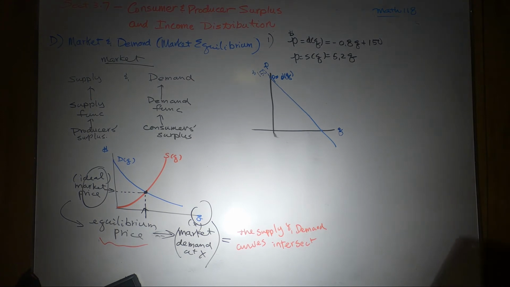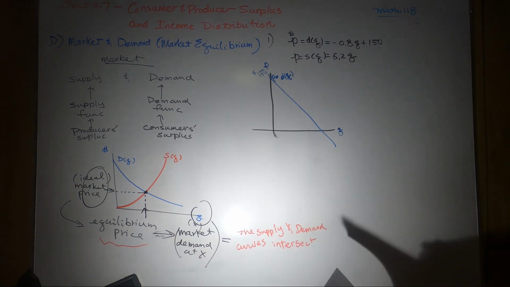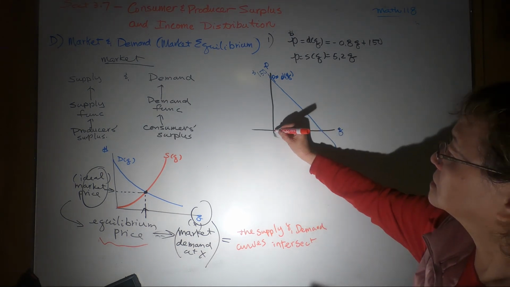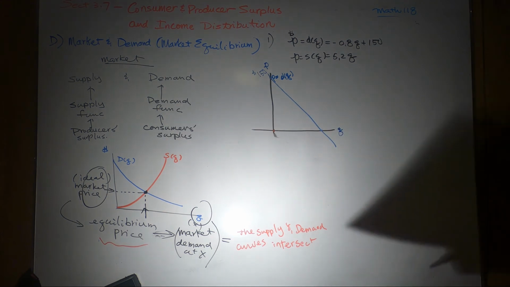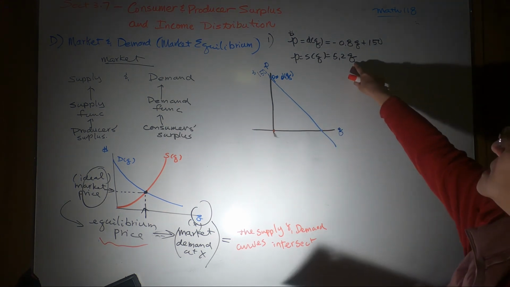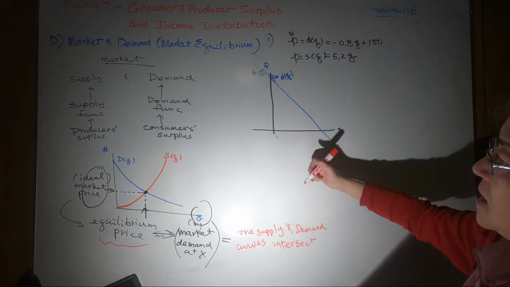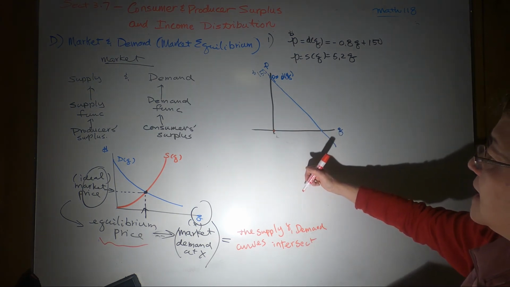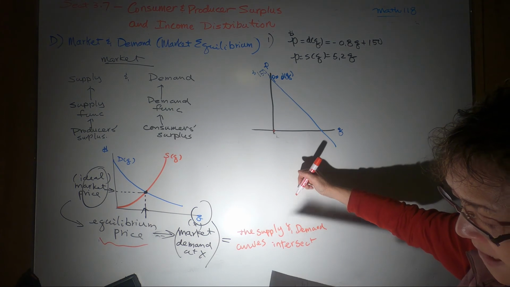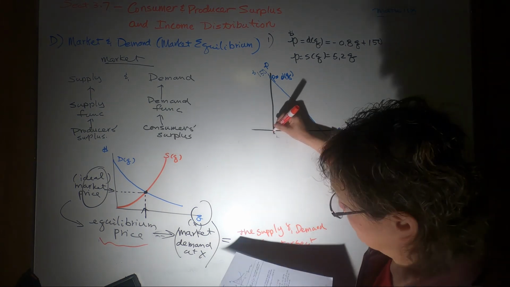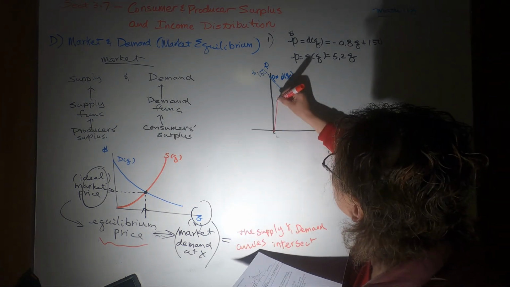Then from the supplier side, when the quantity is 0, the price is 0, right? Nobody wants it, so they are not going to supply any. So then they will have a line like this.